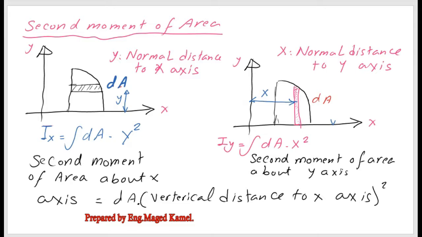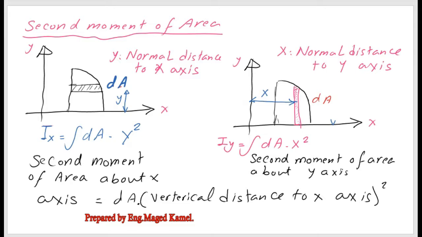While the moment of inertia about the y-axis, as we can see, is equal to the integration of dA multiplied by x squared, where x is the normal distance to the y-axis. In this regard we are going to use a vertical strip. This strip area we call dA.